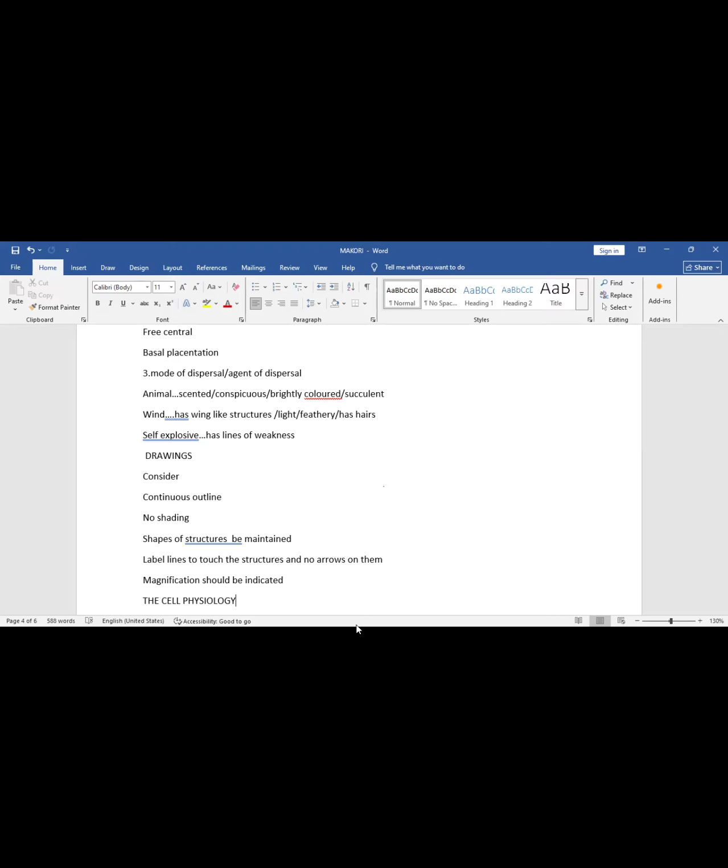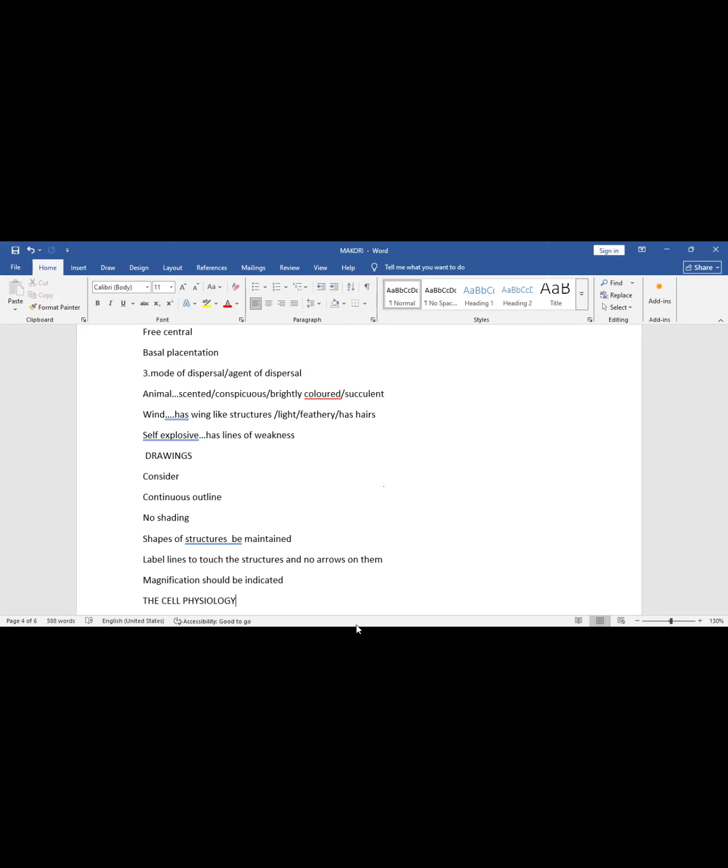Here, I want to emphasize that it's lines of weakness. It's not one line that is there. There are two lines of weakness that will enable it to burst and throw those seeds to a further distance for them to grow or to germinate. So that is whatever we are supposed to get on these parts.